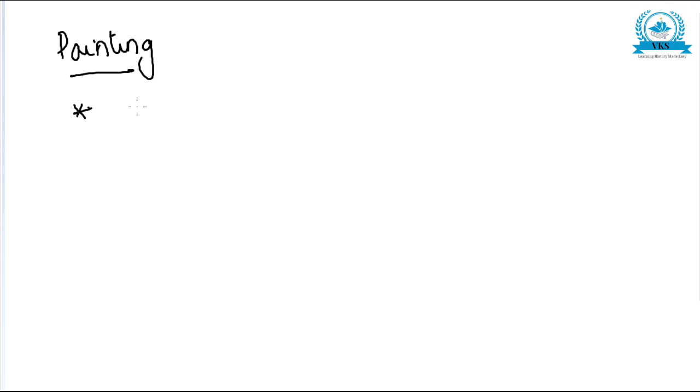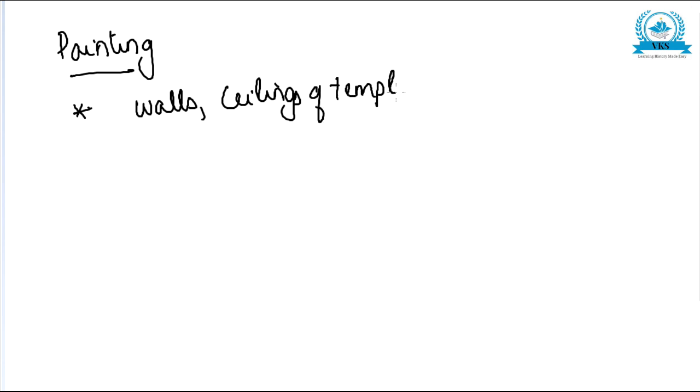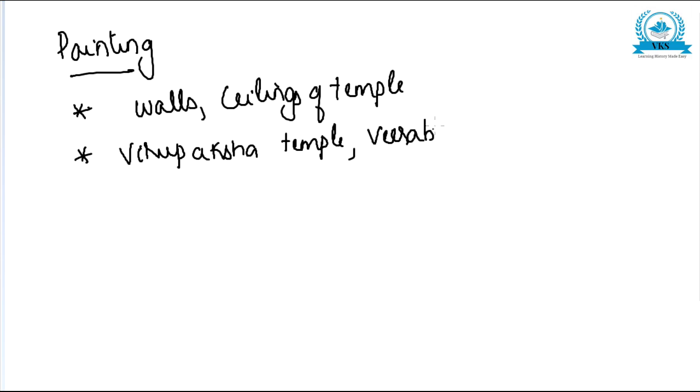It also developed, and mostly the paintings were done on walls. It was done on the ceilings of temples, the walls of the temples, at Hampi, Lepakshi, etc. The paintings on the walls of Virupaksha temple at Hampi, and also Veerabhadra temple.